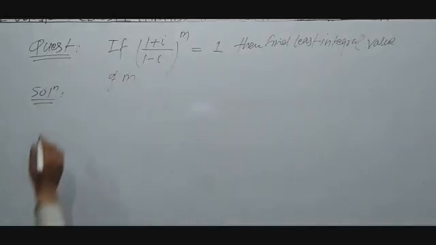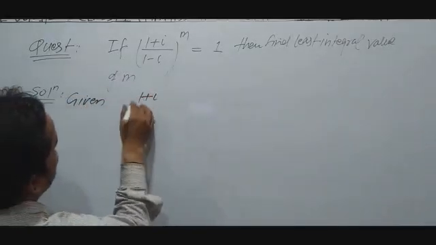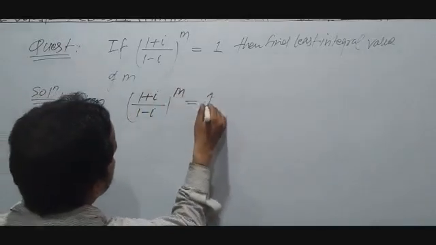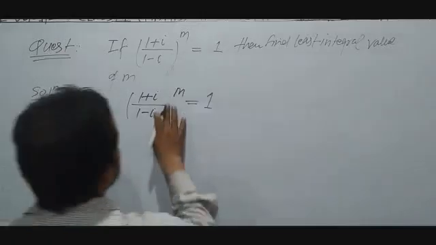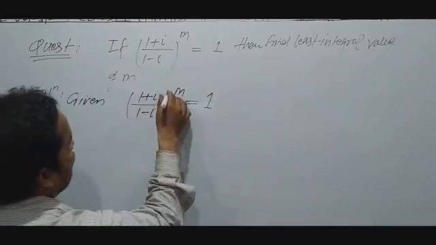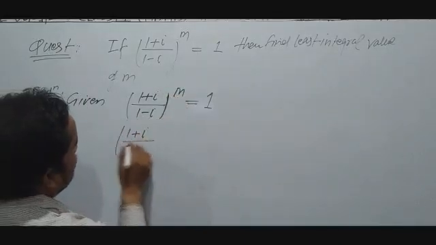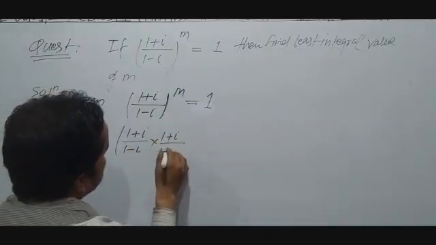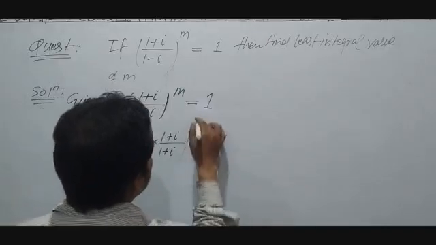So given (1 plus i) whole upon (1 minus i) to the power m is equal to 1. Now suppose we rationalize in the middle bracket. So (1 plus i) upon (1 minus i) into (1 plus i) upon (1 plus i), power m, is equal to 1.